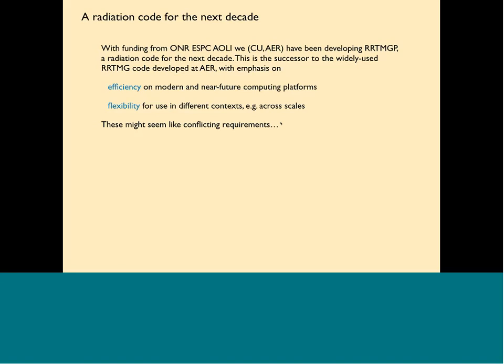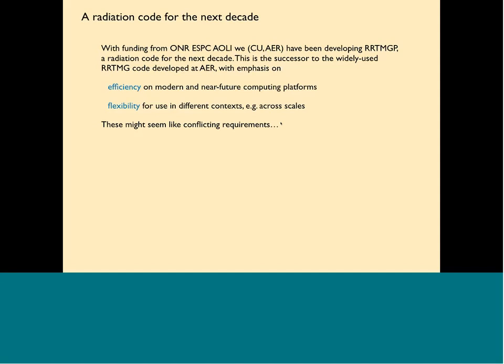The things that we wanted to bring to that framework were efficiency, and here we imagined both modern computers and near-future computing platforms, so GPUs and MICs and other coprocessors. But we also wanted it to be flexible, partly so that people don't have to make large changes in their code. For example, if they want to include scattering by clouds in the longwave, where it adds significant cost and adds marginal accuracy.